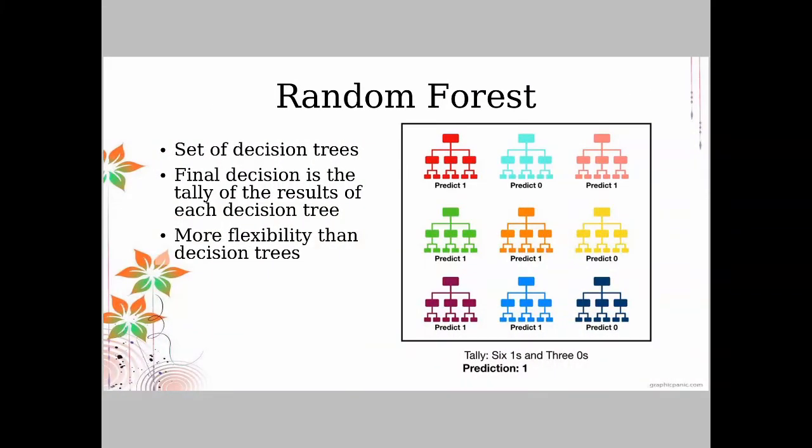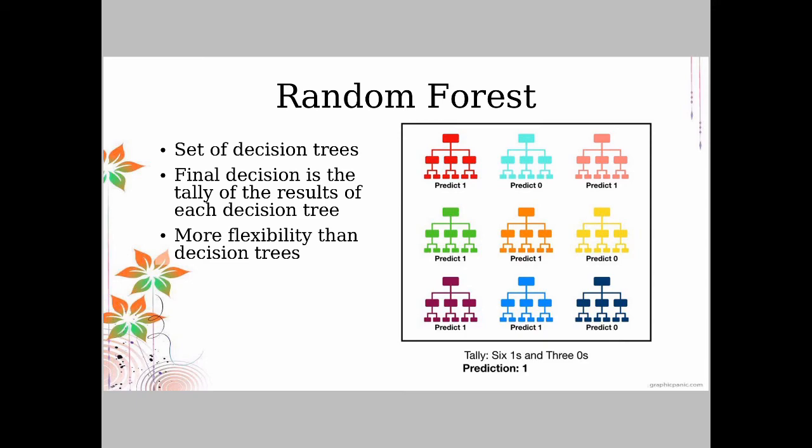So the next one is the random forest. As its name suggests, a forest is made up of trees. So this is a set of decision trees, because a decision tree is vulnerable to outlying data, and the first question, the initial condition, is very important, especially for accuracy.